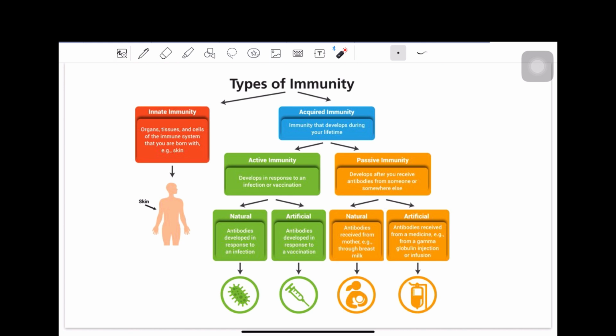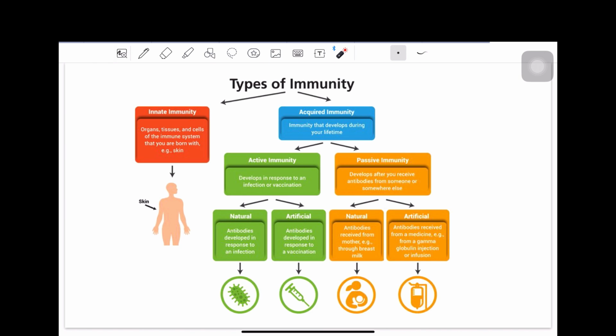Whereas, if we talk about passive artificial immunity, this is when we receive antibodies as a treatment from a medicine. So, why do we receive antibodies as a treatment? Obviously, because we need a quick response to any particular pathogen that we might have encountered. And this is the case seen in the snake venom treatment.